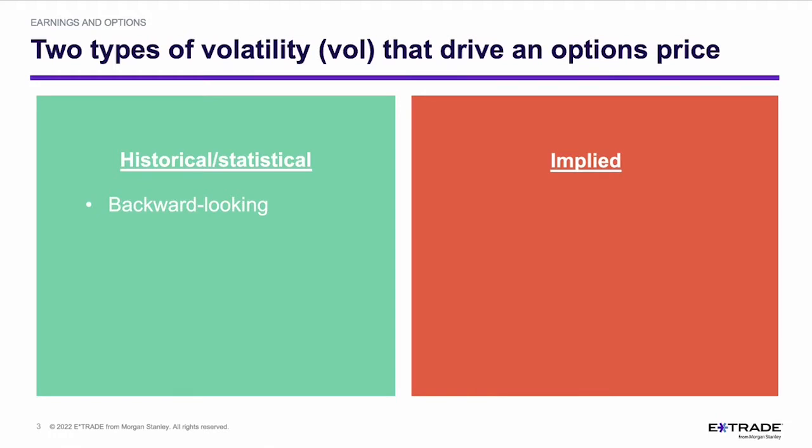So when we look at historical volatility, it allows us to compare what things have done in the past. Historical volatility is a key component of the Black-Scholes options pricing model.